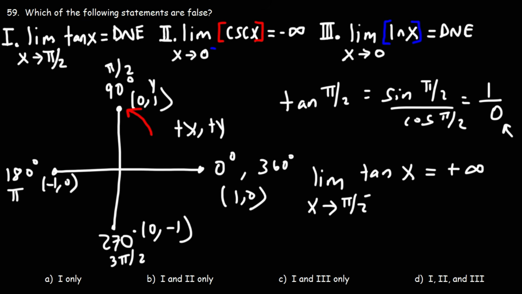If you were to type in tangent 89.9, just under 90, this is in degrees, you would get 572.957, which is basically positive infinity.